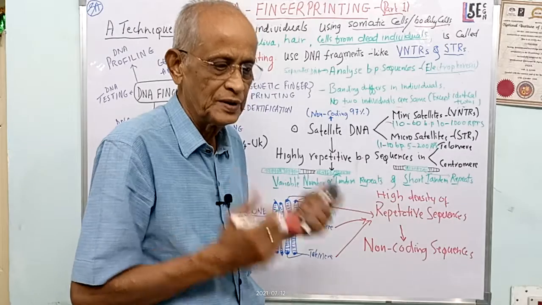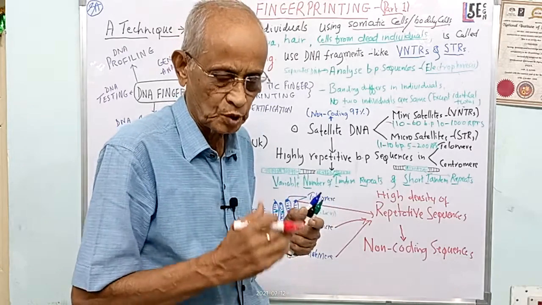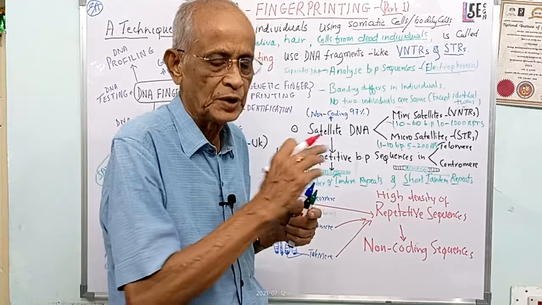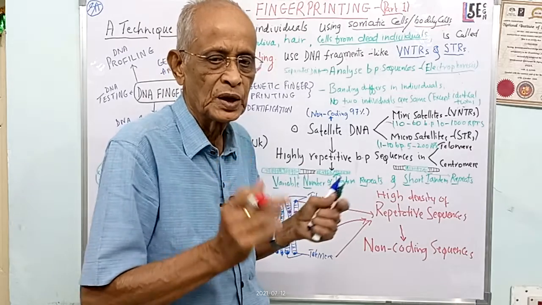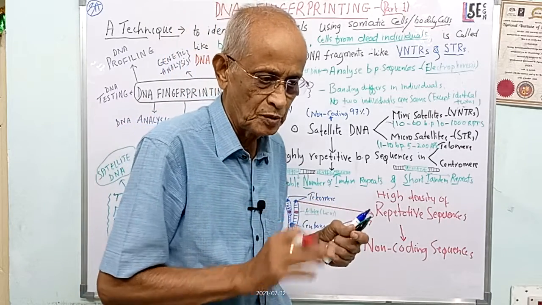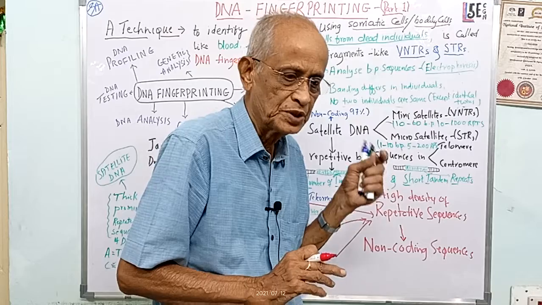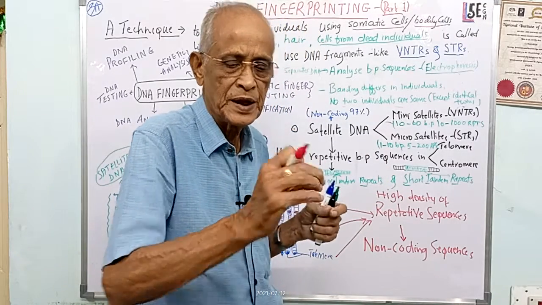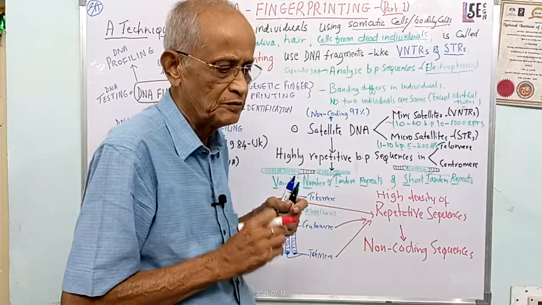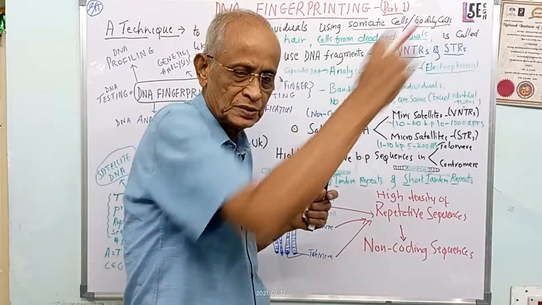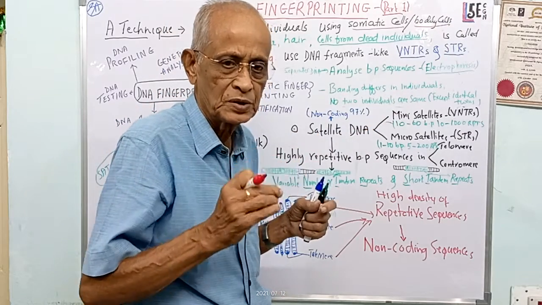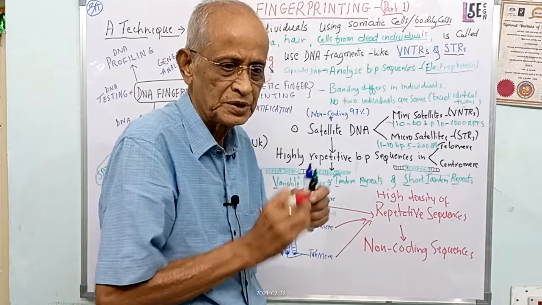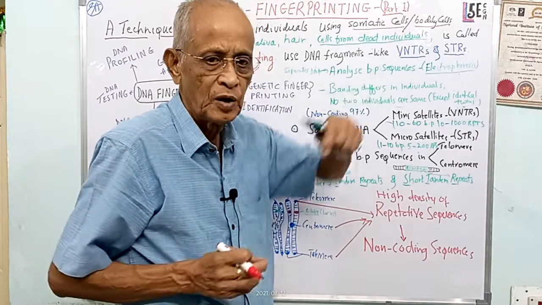We have 23 pairs of chromosomes, of which 22 are autosomes and one is the sex chromosome. We will not go into details on that. Now these chromosomes contain the DNA. DNA is a very, very long sequence. The size of that will be told in terms of nanometers. It will be a very, very long one.